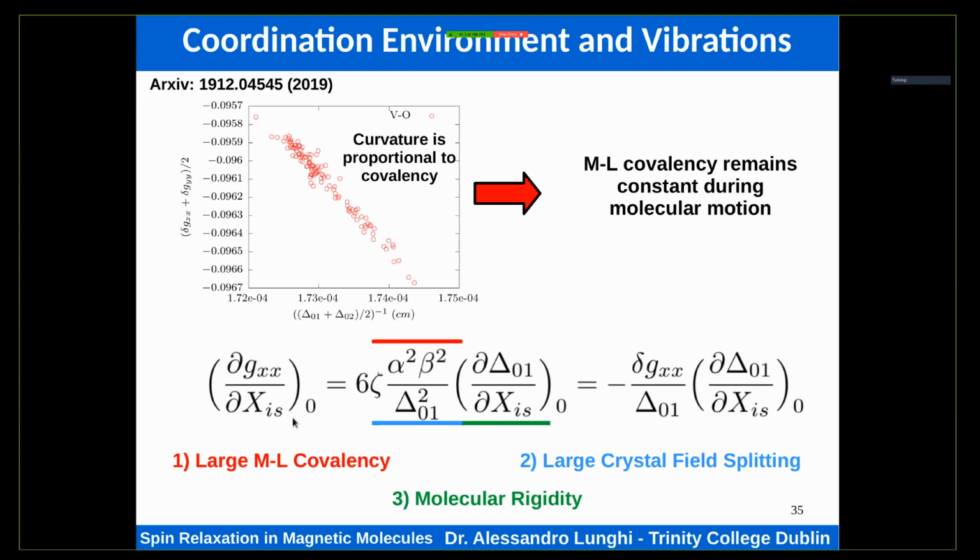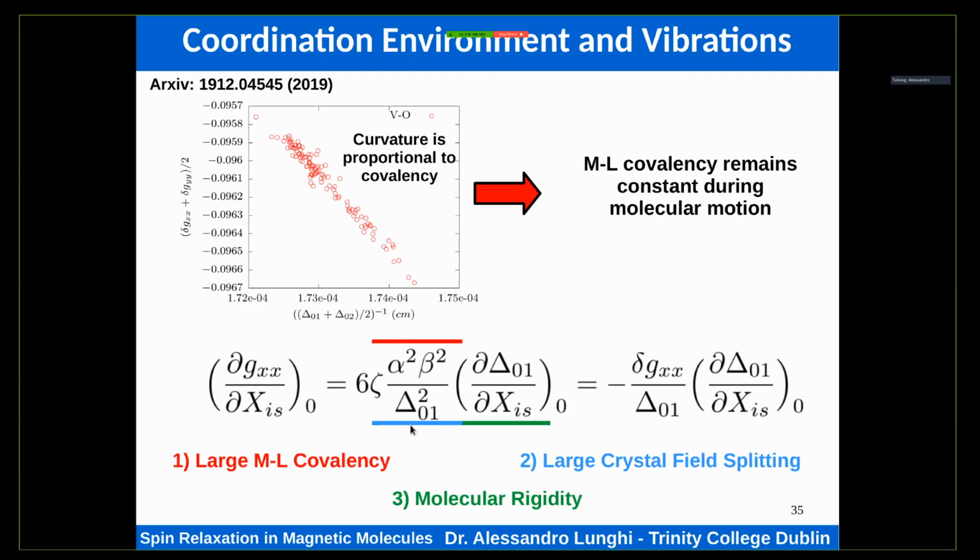So you have the spin-phonon coupling coefficient here, which is, first of all, explicitly proportional to the static g shift, which is something we have seen before from the simulation, but we couldn't explain in a quantitative fashion. But we also see that now we have a relation that tells us that the spin-phonon coupling is also proportional to covalency and inversely proportional to the crystal field splitting.